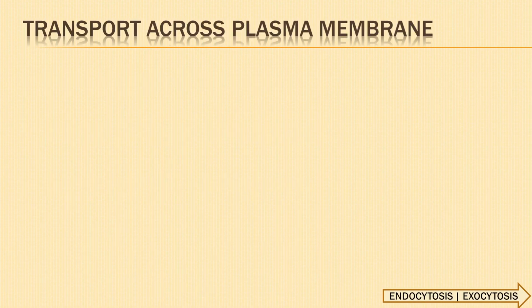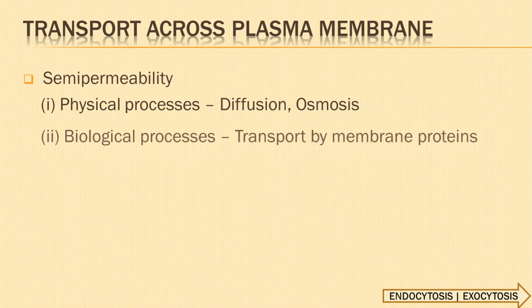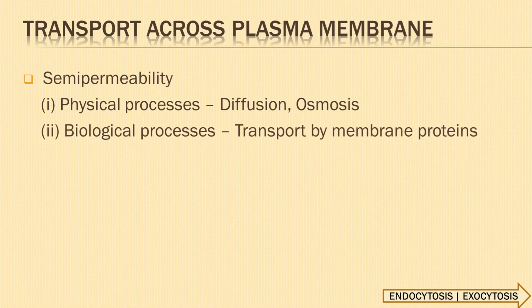Next we come to transport across plasma membrane. Plasma membrane is said to be selectively permeable because it allows certain substances to pass in and out of the cell. This takes place broadly by two processes: physical processes and biological processes.